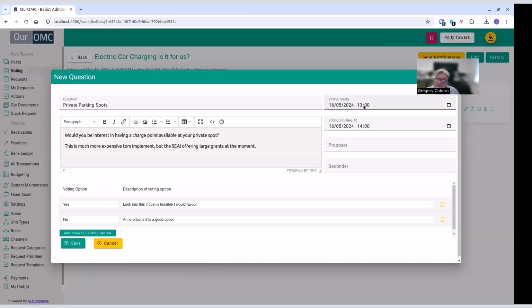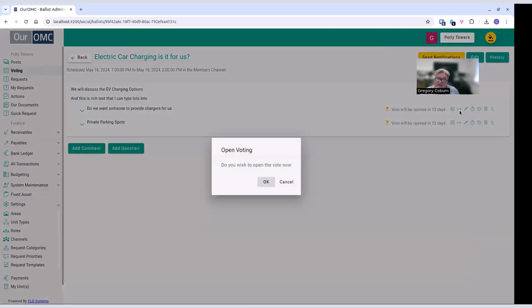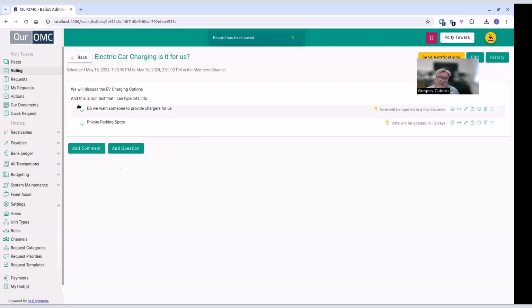And it assumes that the vote's going to start at the same time as the meeting. Actually, quite often what we do is when we post these things, we open the vote straight away. So that when people receive the notification, as soon as I click this, it's going to send the members a notification to vote.